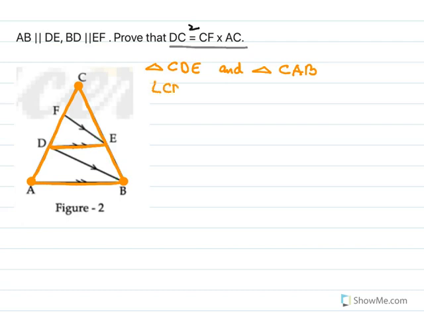So we need to write that. So angle CDE equal to angle DAB, and angle CED equal to angle EBA, and this is by corresponding angles.